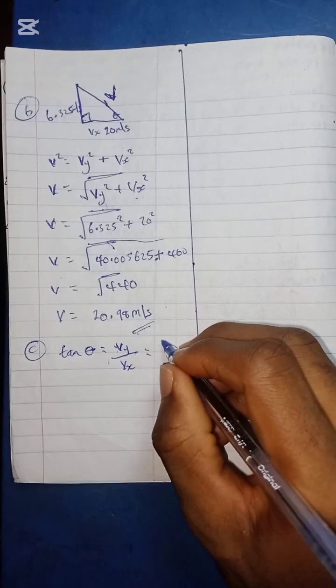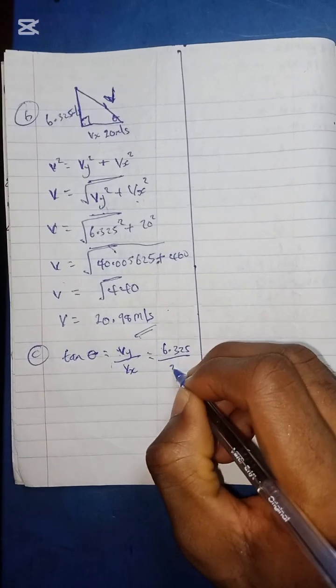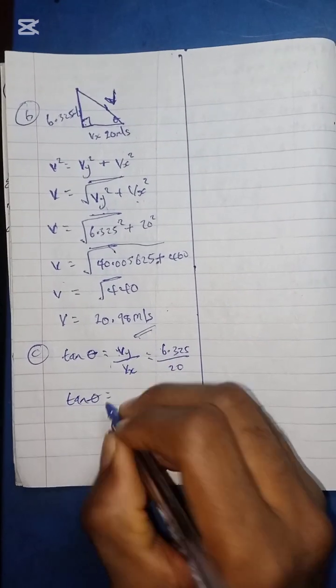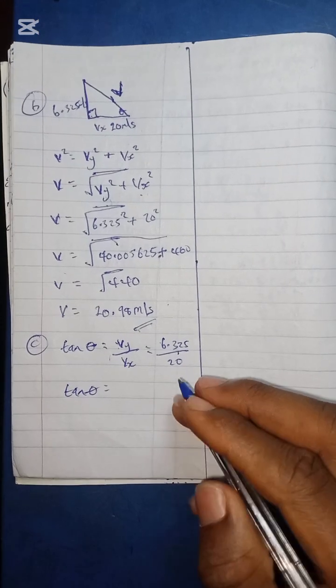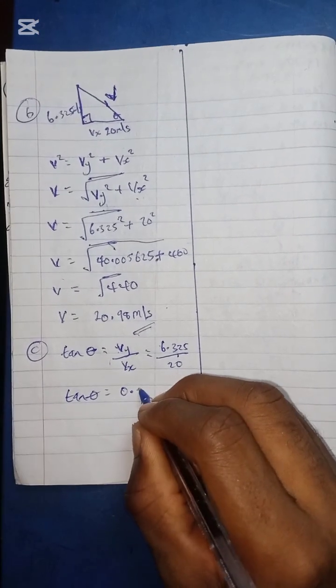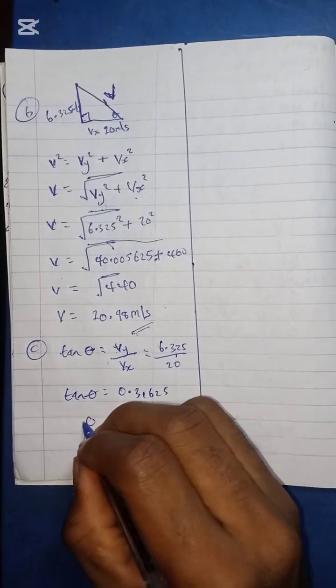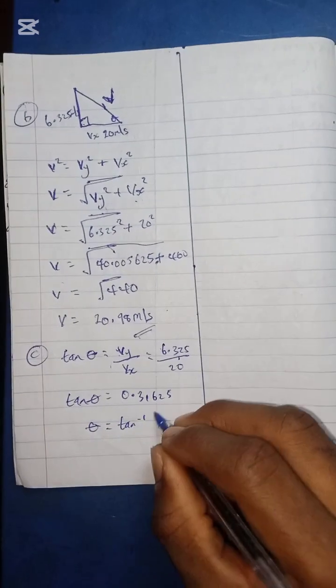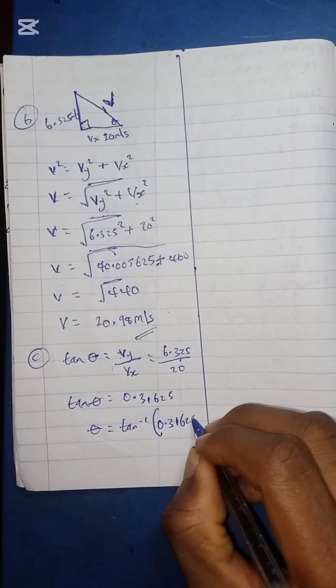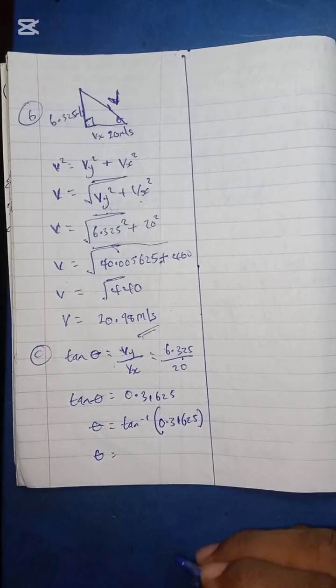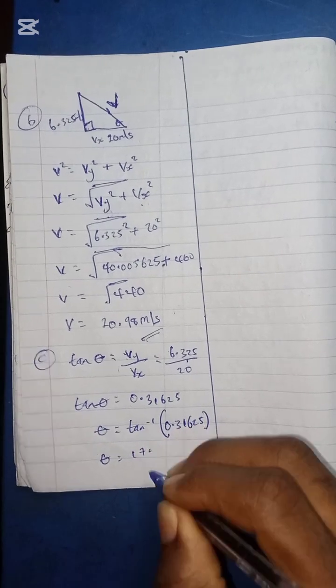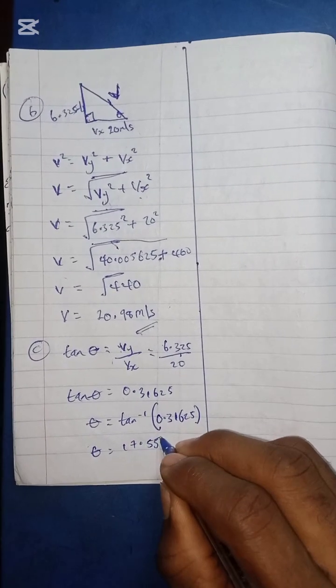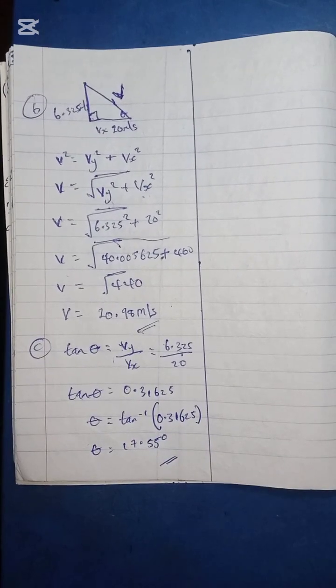When you divide both of them, you'll have 0.31625. Then theta is equal to the tan inverse of 0.31625. When you punch your calculator, you'll have 17.55 degrees, and this is your final answer.